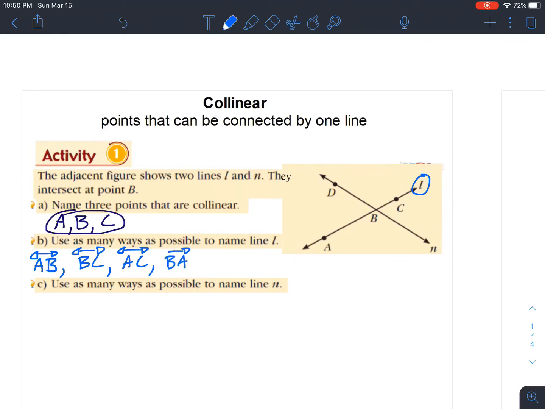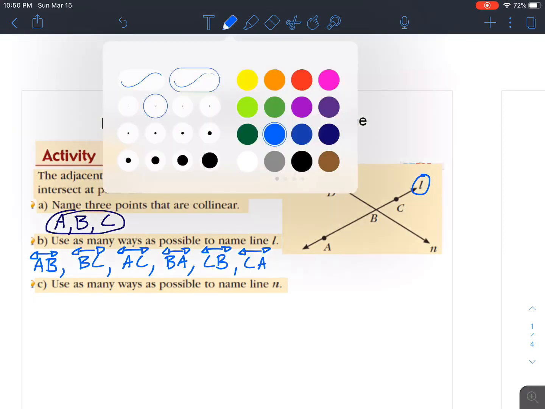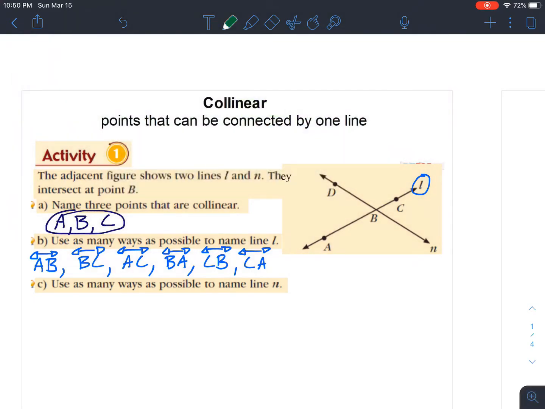So we could do BA, we could do CB, or CA. All of those would be okay. Alright, and then for the last one, we want to know all the different ways that we could name line N. In this case, there's only 2 possibilities. We have DB and BD.